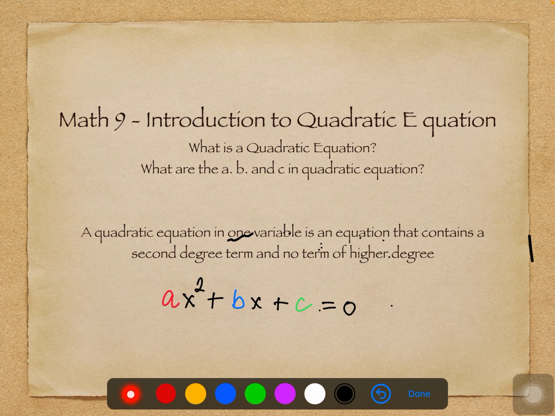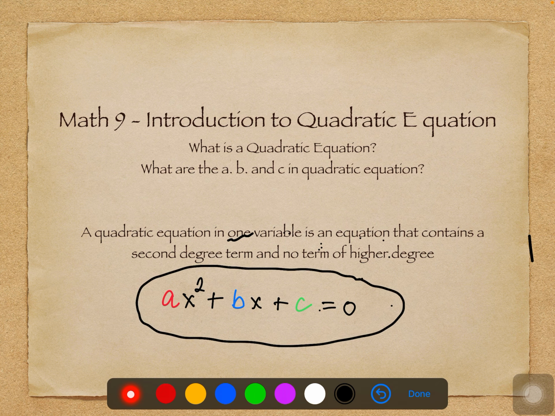Alright, so the standard form of quadratic equation is this that you see on your screen. Ax squared plus bx plus c equals 0. And from this, we're going to reflect on the definition that it is an equation in one variable.